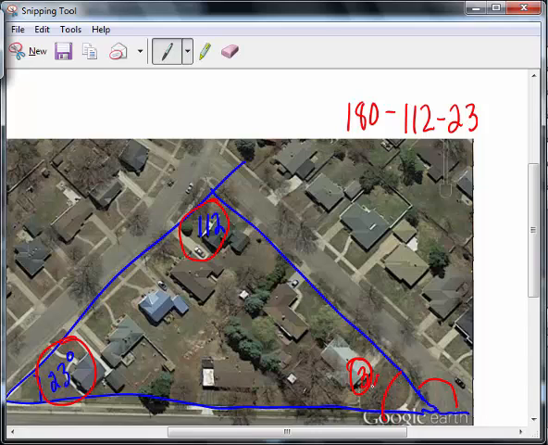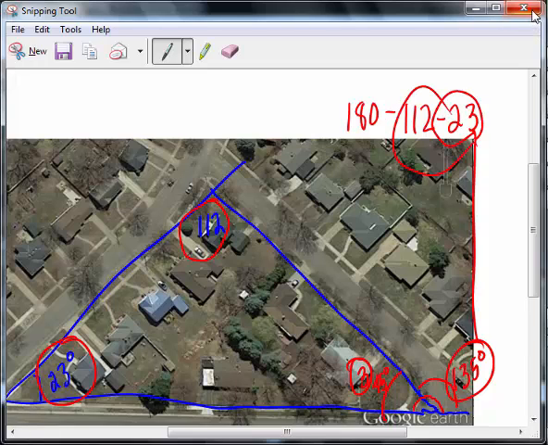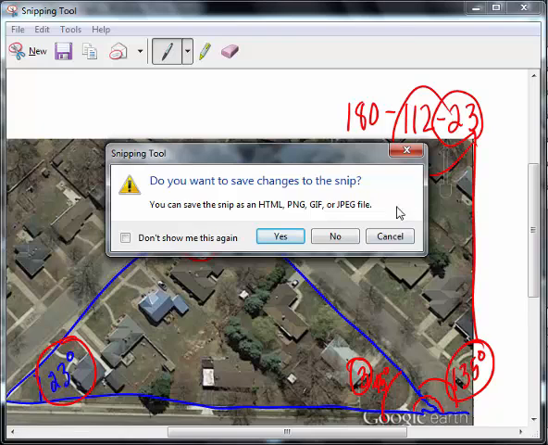So this angle is 45 degrees. If that's true, this angle is 135 degrees. Now, the reason that's true is that these two are supplementary, but it's also true that this angle is the sum of these two angles.